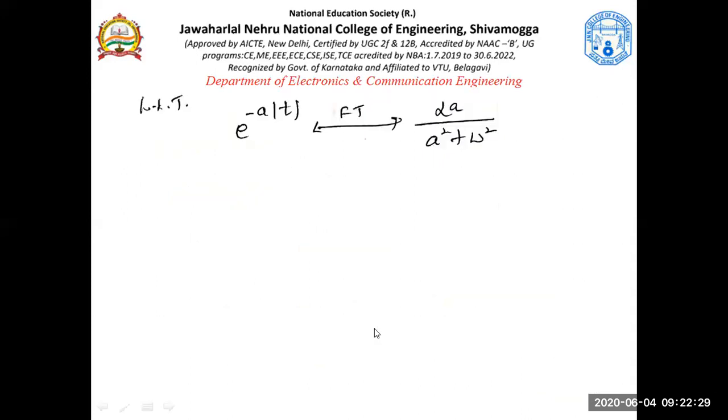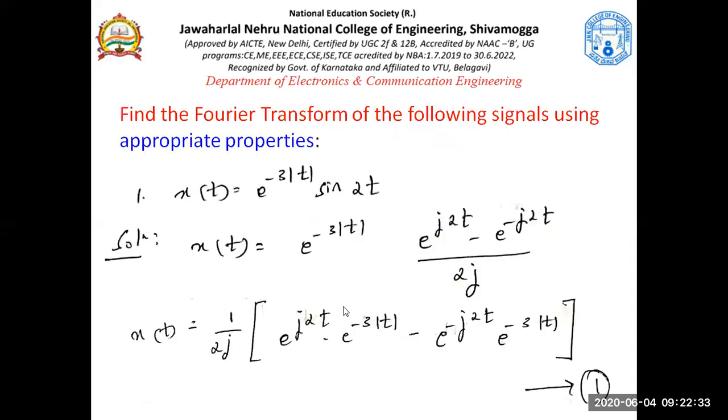Fine. Now, along with this e power minus 3t, what is there in each term? This e power minus 3t is there in both the terms. In the first term, along with this e power minus 3 magnitude t, we have an exponential. So when will you have an exponential in time domain? When there is a frequency shift. So what shift is it going to be? It is going to be minus 2.